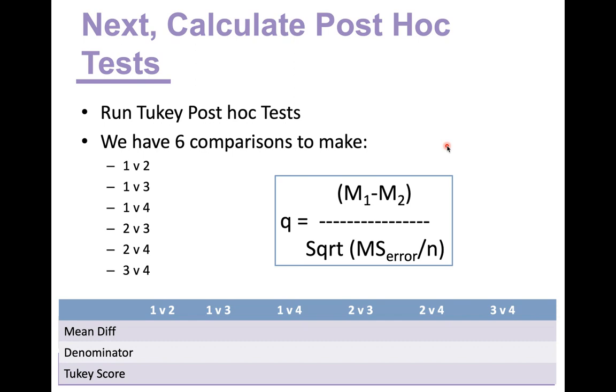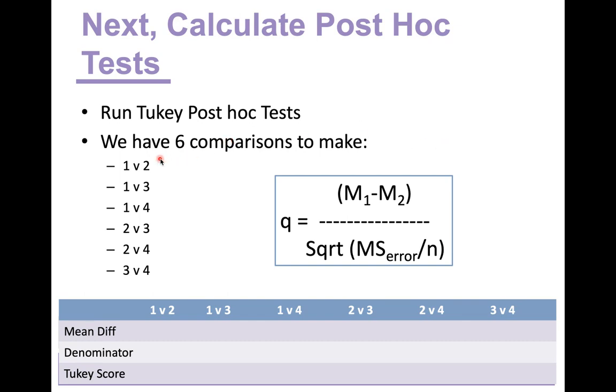Next, we need to run what are known as Tukey post hoc tests. This is basically another Q that we're going to calculate, just like we did with our one-way ANOVAs. And just like with one-way ANOVAs, we calculate a Q for every possible iteration of a comparison of our independent variable levels. So here we had 4 levels: before treatment, 1 week after treatment, 1 month after treatment, 6 months after treatment.